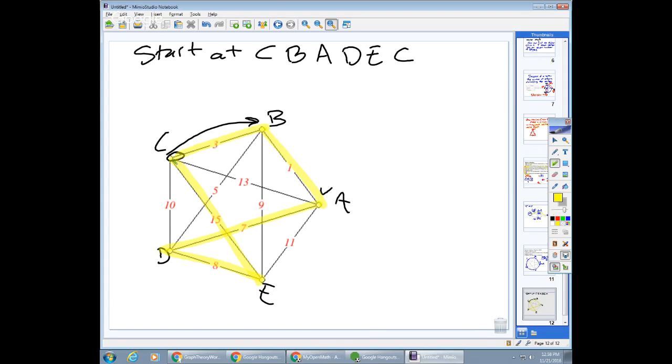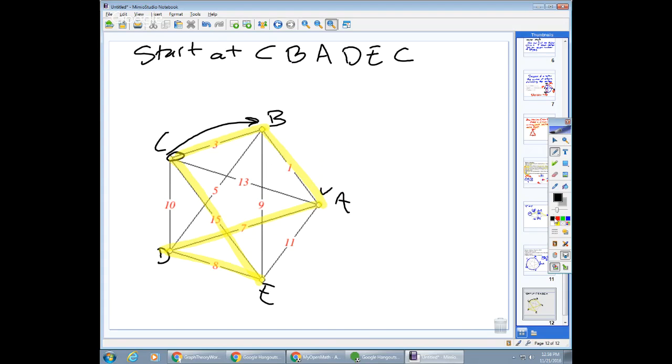Okay. What's that circuit worth here? So add up the numbers that we used. Is it the same as last time or different? It's the same graph. I just started in a different spot. Three, 1 is 4, 11, 19... 33.